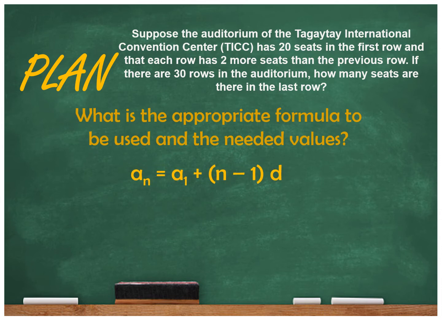That is a sub n equals a sub 1 plus the quantity n minus 1 times d, wherein a sub n is the nth term, a sub 1 is the first term, which is 20 seats, d is the common difference, which is 2, and n is the term that we are to find.